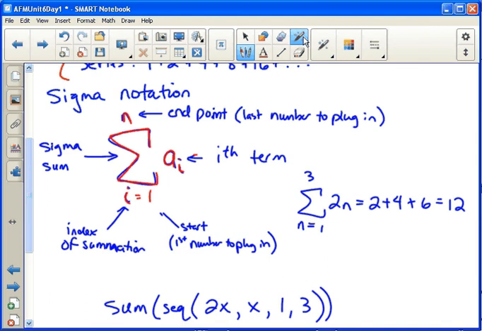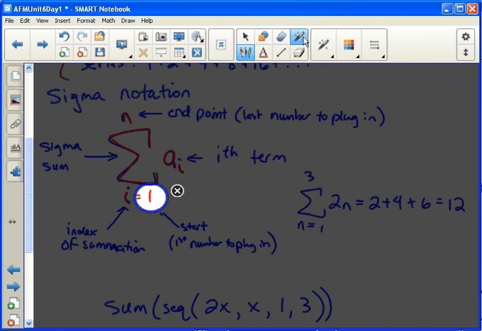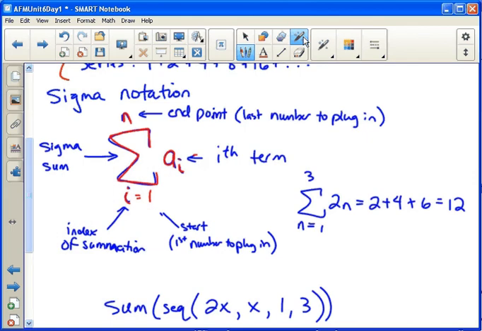So then the 1 right next door to it is just your start. It's the first number you're going to plug in. That can be 1, it's often 1 or 0, but it could be another number as well. It can be anything. Now up top, that's our endpoint. It's the last number we plug in. So if you look over here with me, this is a really simple example.